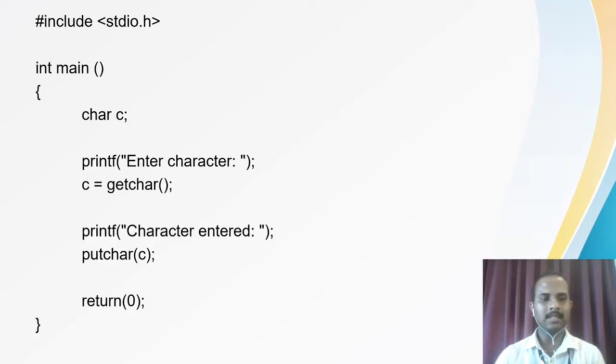I have the variable C of character type and I am requesting the character that needs to be entered. So printf enter character, that statement will be displayed. And here, C is equal to getChar.